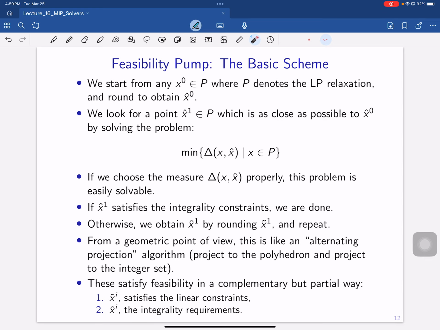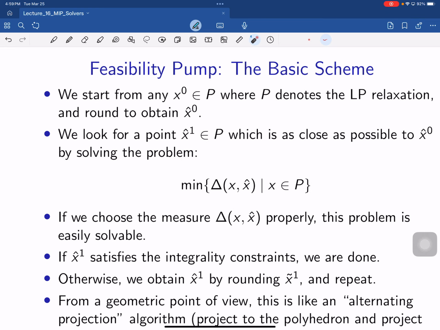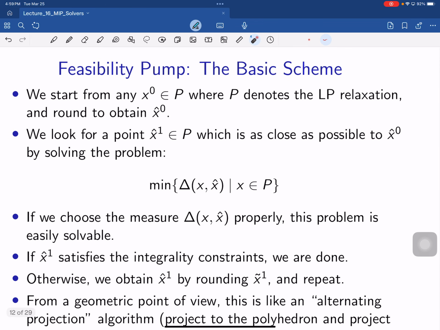Okay, so mathematically, after you understand the intuition, it's quite simple. We start from a solution x0 in P, where P denotes the linear programming relaxation. If x0 just satisfies the linear programming relaxation, it may not satisfy the integrality constraint.